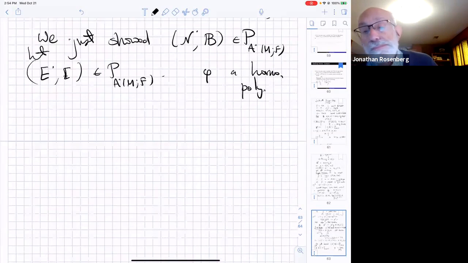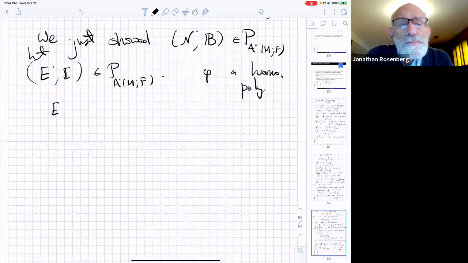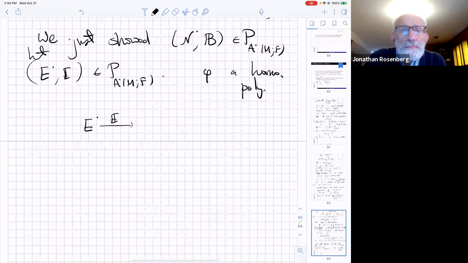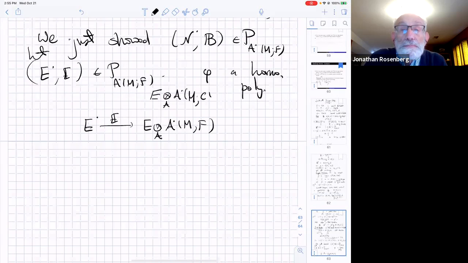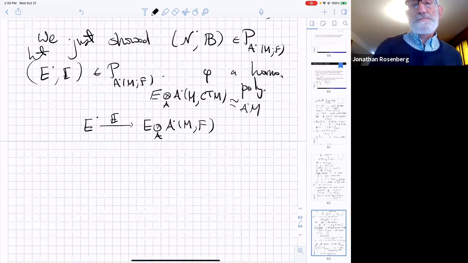We know that E dot, so you have the following picture. You have E, which maps by the connection to E tensor over A with A dot of M F. We also have this guy here, E tensor over A with A M C TM. This is the guy that's equivalent to just the ordinary forms on M, and there's a map going down.